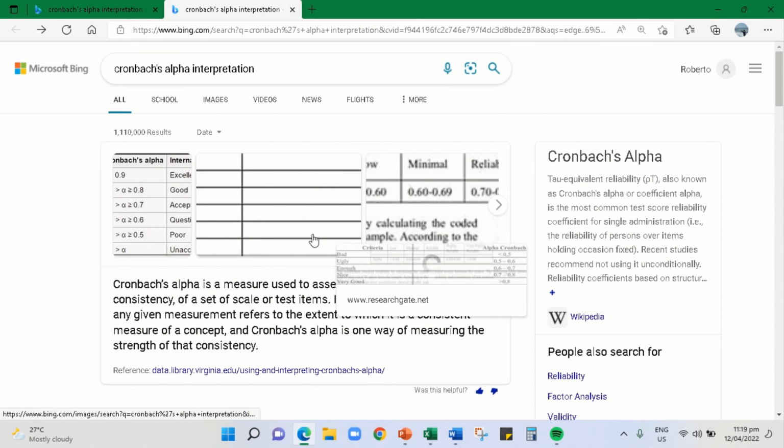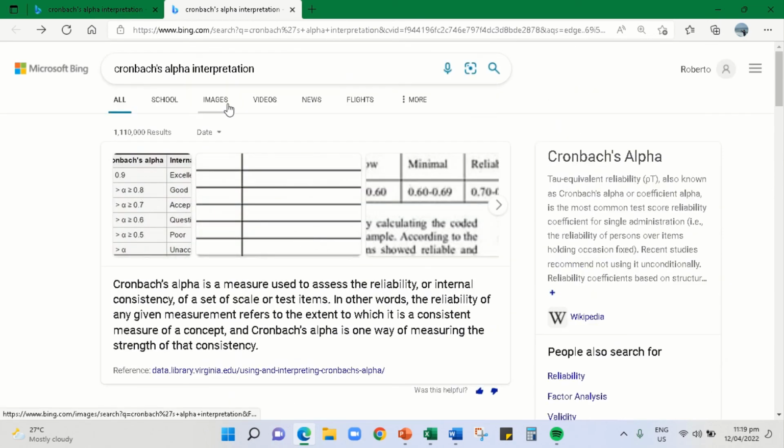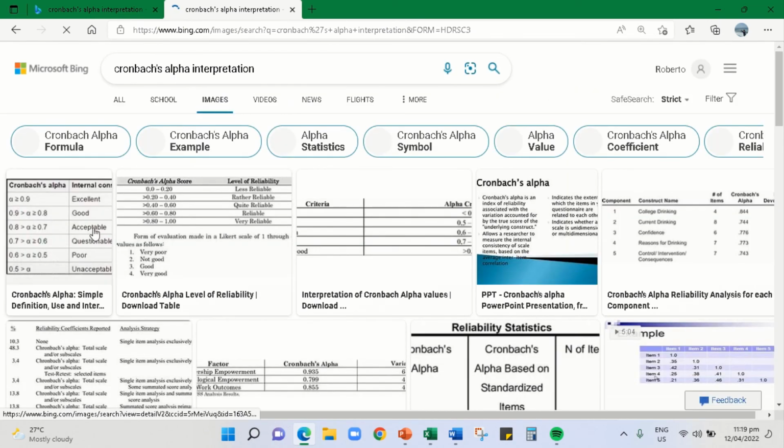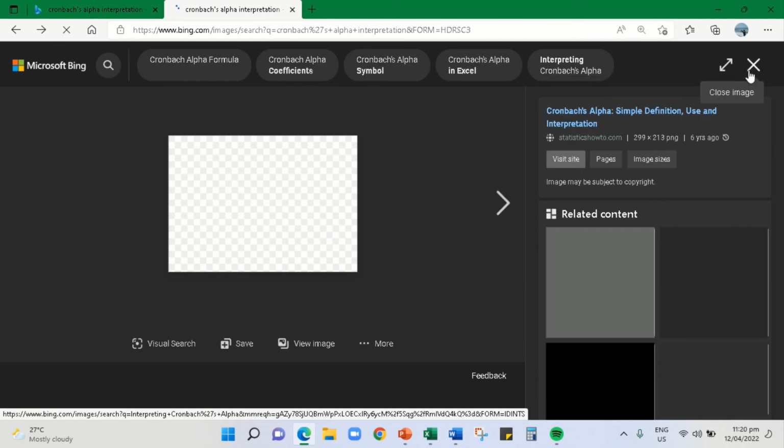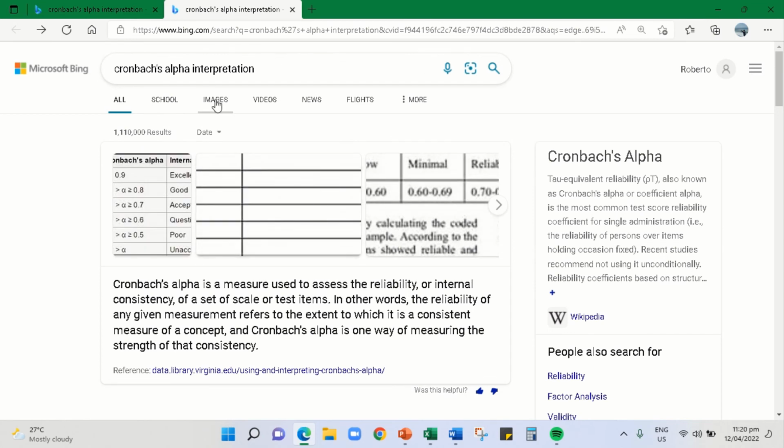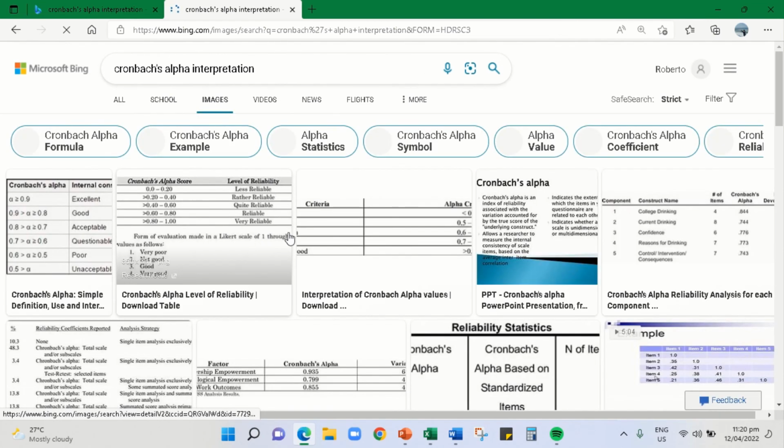However, let's see this one. Let's go to images. Okay, as you can see, it's excellent if the alpha is greater than 0.9. It's not working here, but let me just put it here on the images so that you can see. So it depends upon the standard.